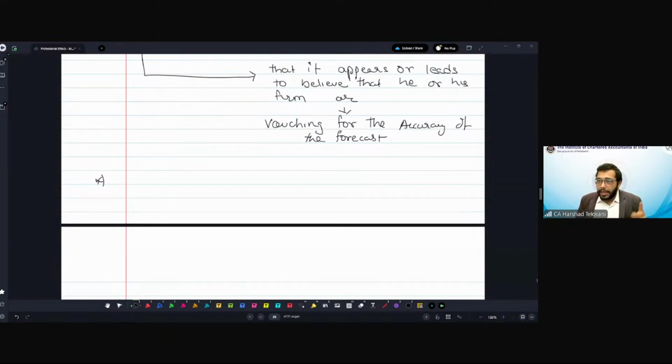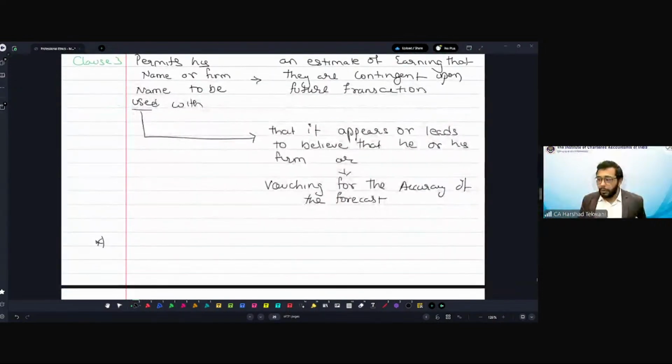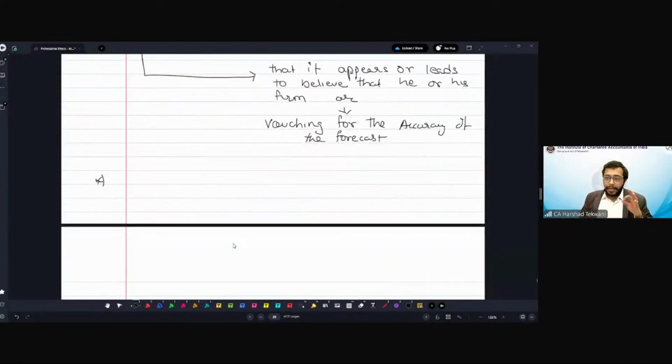If I write in my opinion anywhere that these forecasts are prepared in the manner that they depict or provide accurate and correct information, I will be held guilty of professional misconduct. So the important point here is that I am not supposed to provide assurance over the forecast.